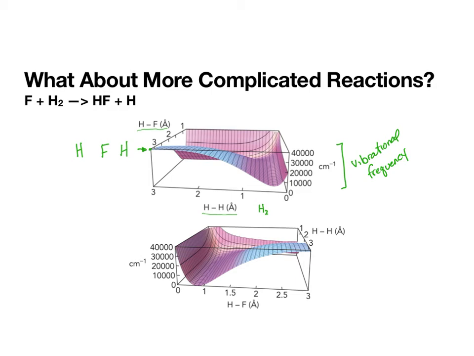That's that point. And what happens is that when we have H2 formed, we have a lower energy state. These graphs are the same, they're just rotated. And we have another low energy well whenever we have the HF bond formed.